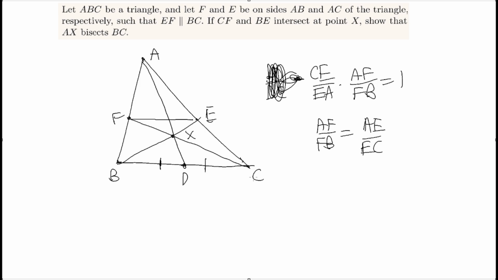And because of this, we end up getting AF over AB is equal to AE over AC, because that's just the ratio of the similitude. And therefore, this actually means that AF over FB equals AE over EC, or this holds. And this implies that D is the midpoint.